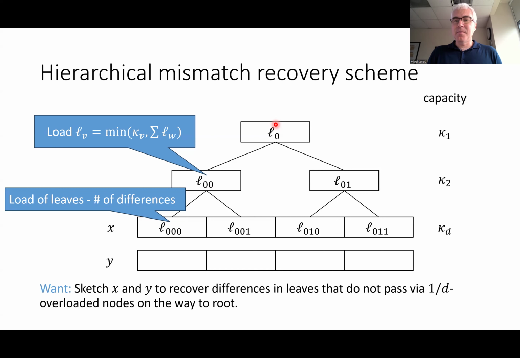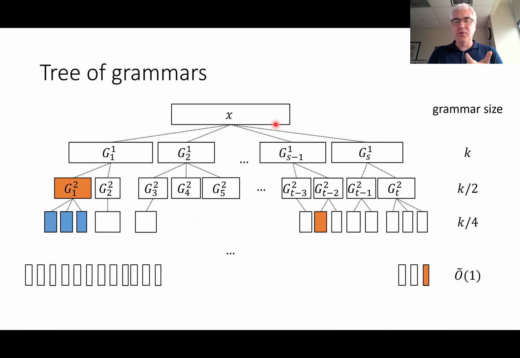So this gadget allows you to focus, in the previous application where we are sketching grammars. It allows you to suppress this blue information, which we don't want to recover, and it is going to recover the yellow parts. Maybe it will also recover some part of the blue stuff, but that's fine. The important part is that it recovers the orange stuff, which is relevant for us.